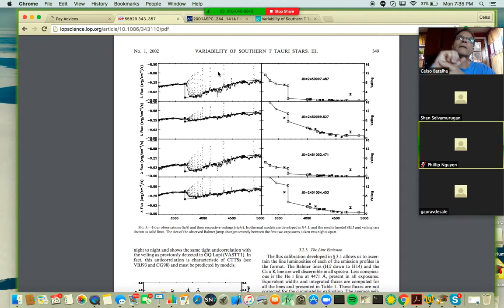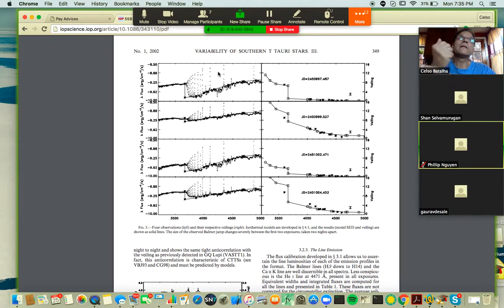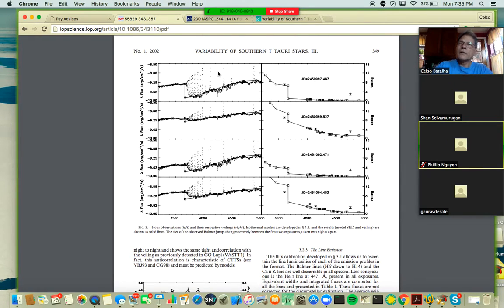In the very early beginning of this research, astronomers in the 70s and 80s thought this emission was being produced in the chromosphere. Now we know it's not. It has to be formed in accretion funnels outside the star.